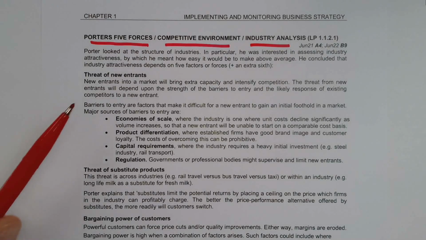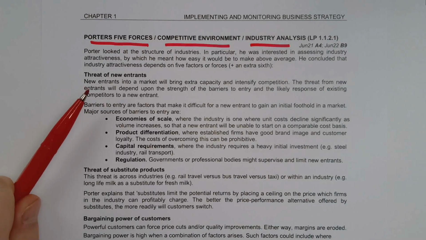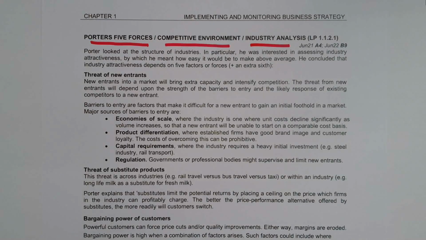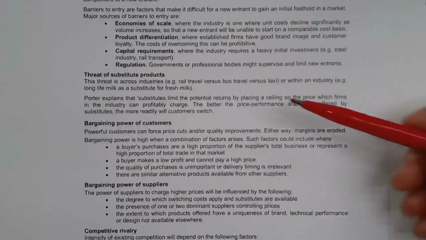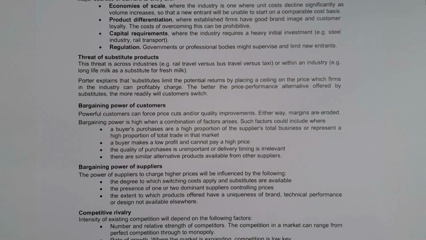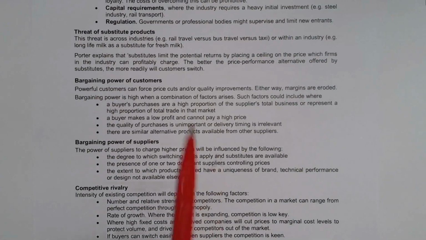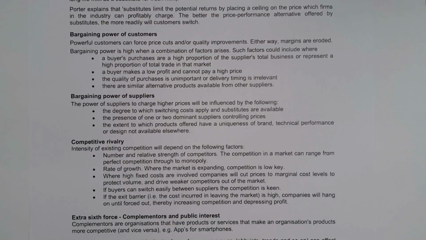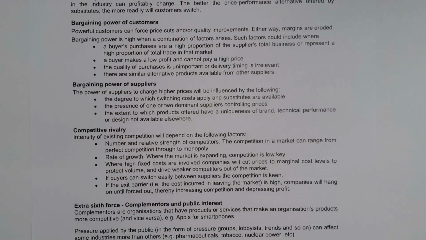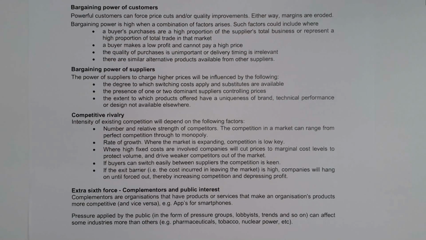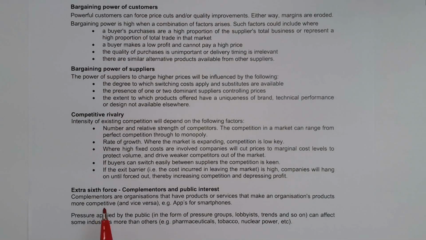It looks at things like threats of new competitors coming in, threats of new entrants. It looks at things like threats of substitute products. It looks at the power of customers, the power of suppliers, the rivalry and the intensity of rivalry within the industry.